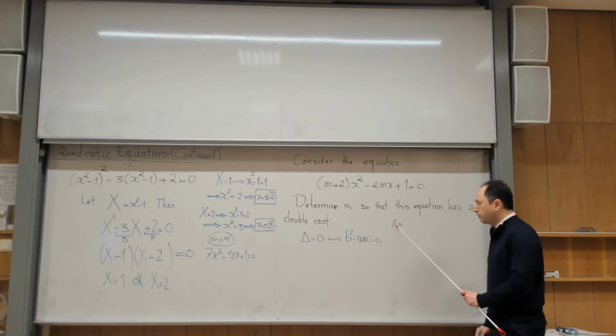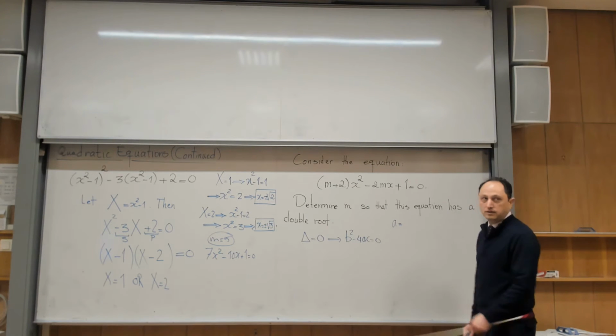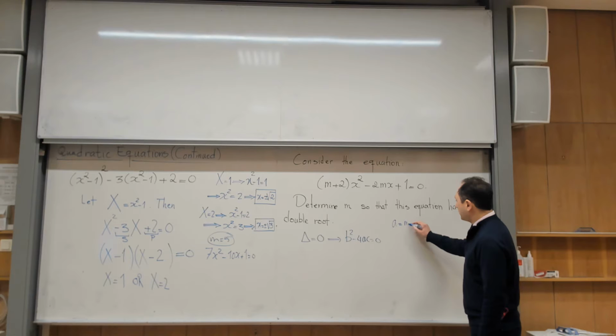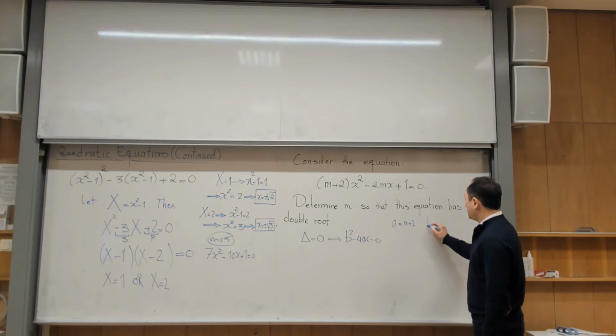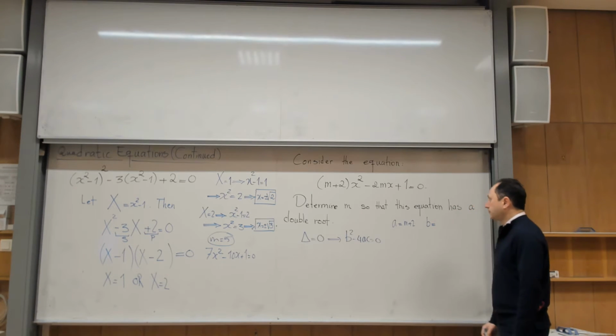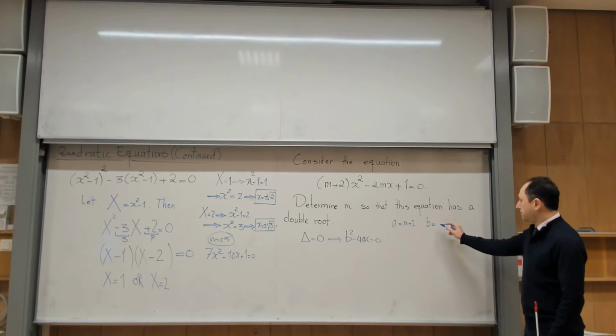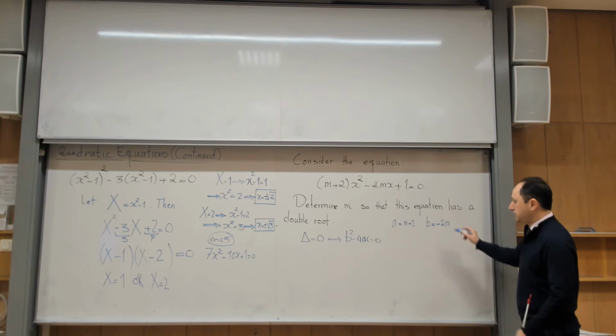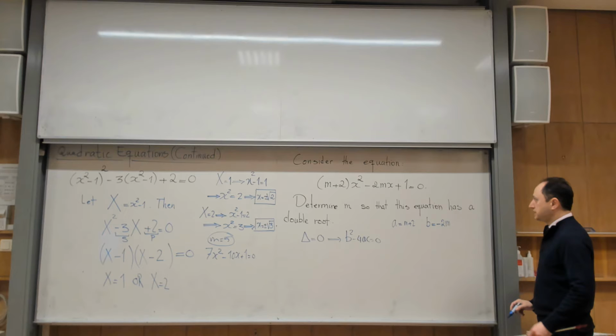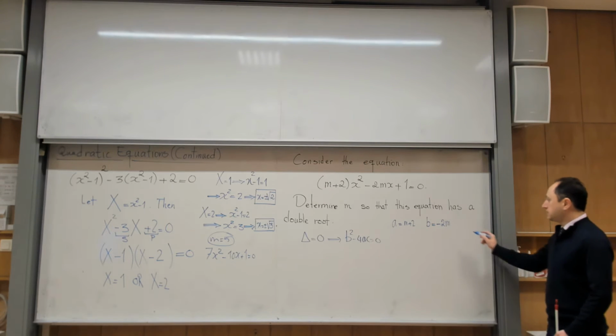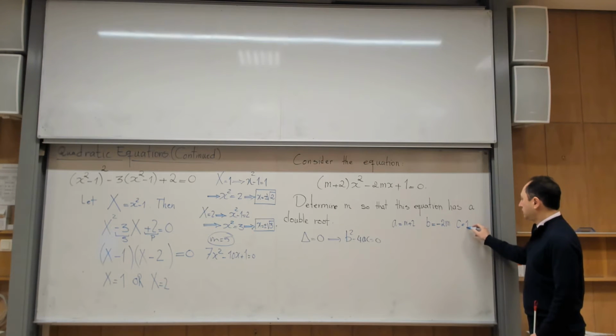A is always the coefficient of the quadratic term, so a is m plus 2. And what is b? Minus 2m. It doesn't matter here because it will be squared, but it is better to know it's minus 2m. And what is c? 1.